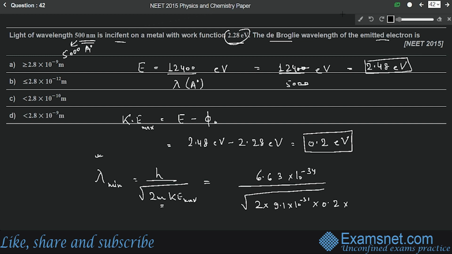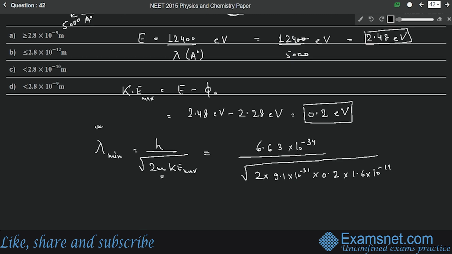That means 0.2 into the electronic charge 1.6 into 10 to the power minus 19. Okay, so this is going to be a lengthy calculation. You'll have to solve this, and when you solve this, you'll get 2.75 approximately into 10 to the power minus 9. Okay, so you can say it is approximately 2.8 into 10 to the power minus 9.